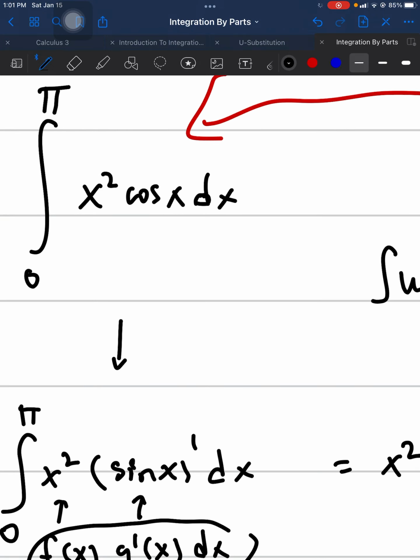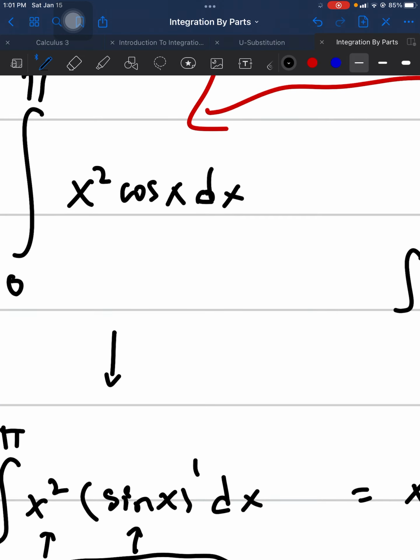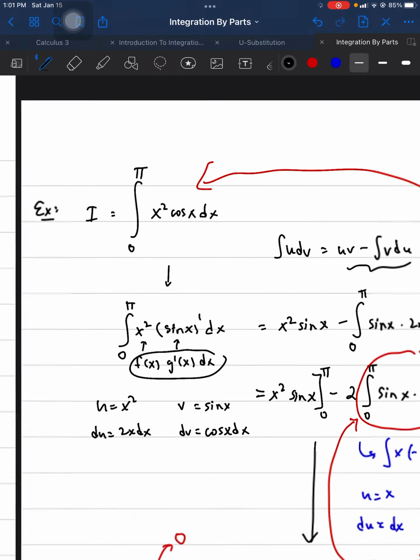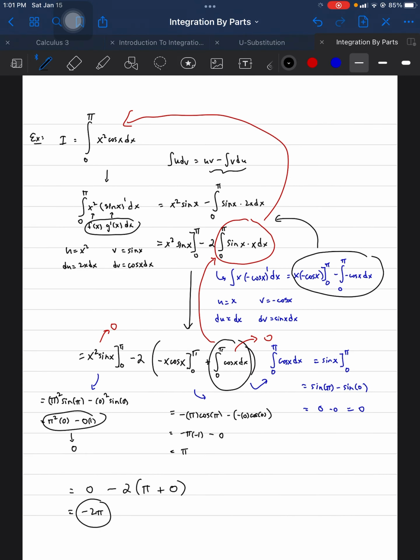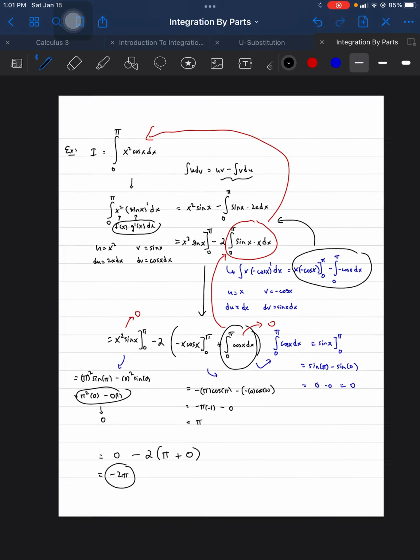So just remember that whenever you have an algebraic function times another function, look at the power of the algebraic function, and that's going to help you determine how many times you have to do integration by parts. In this case we had a power of 2, so we did integration by parts twice, and then we got our final answer. But if it was 3, we would have to do it 3 times, and so on.